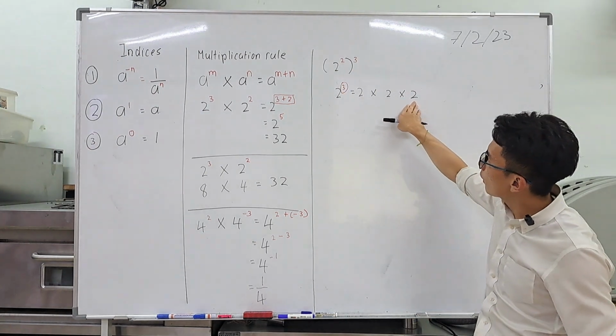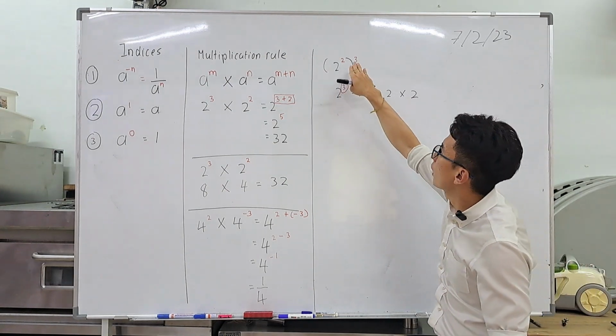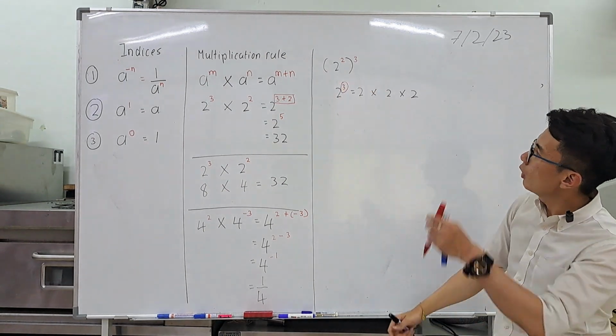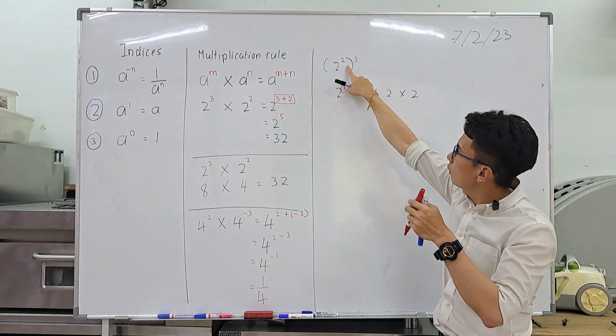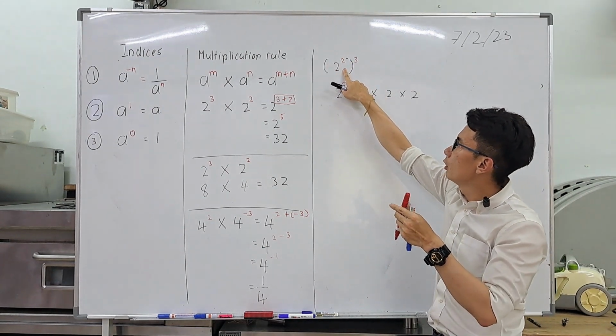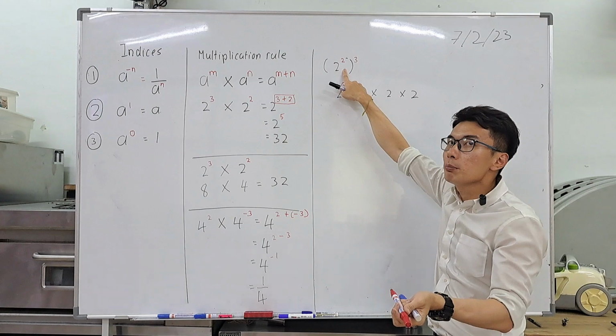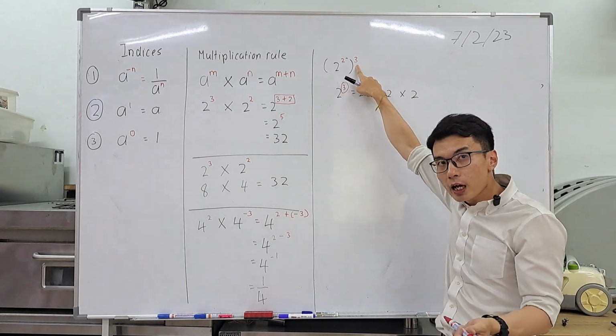So we can use this understanding and apply it over here. I have 2 square now, and this whole thing will multiply by itself 3 times.